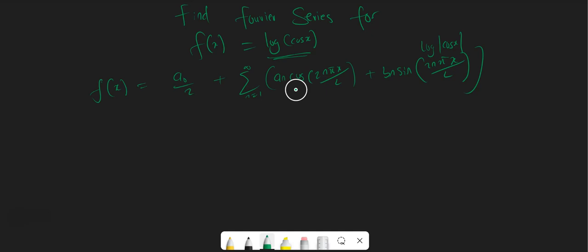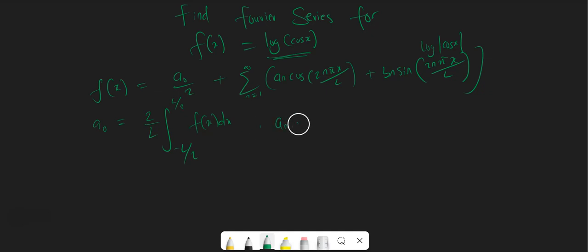So in this setup, a sub 0 is defined to be 2 over L times the integral from negative L over 2 to L over 2 of f of x dx, where L is the period.